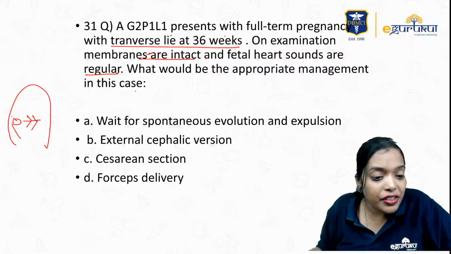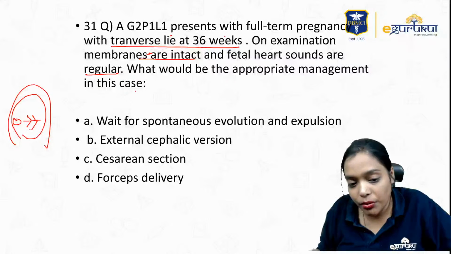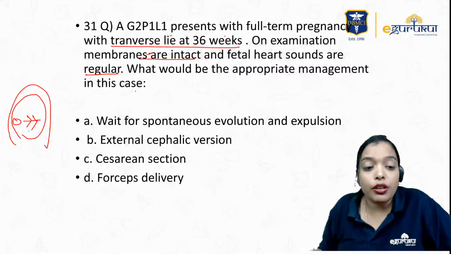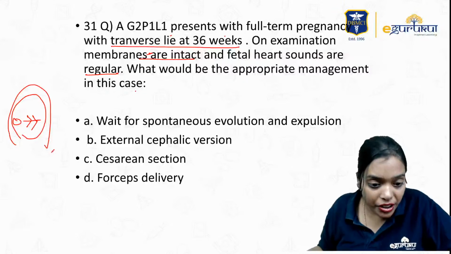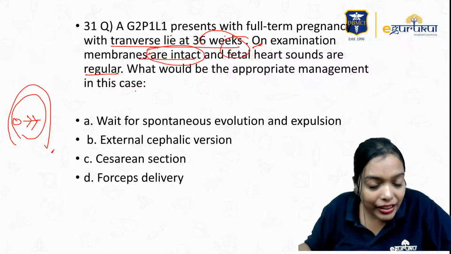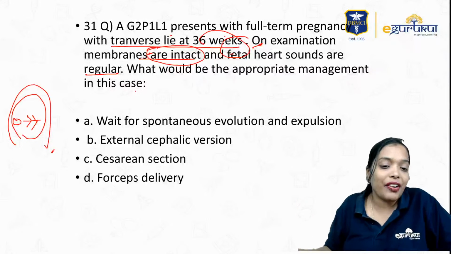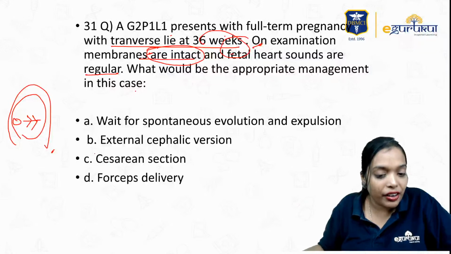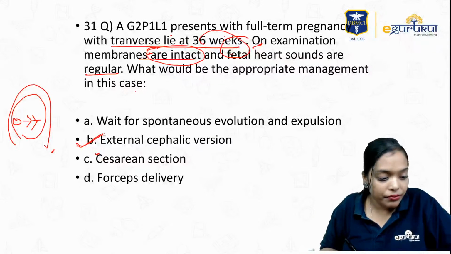Even in transverse lie, when the patient comes to you from 36 weeks to term, you can always try for external cephalic version. As she has come to me at 36 weeks, she's not in labor, membranes are intact. So she's fulfilling all the criteria for the external cephalic version.